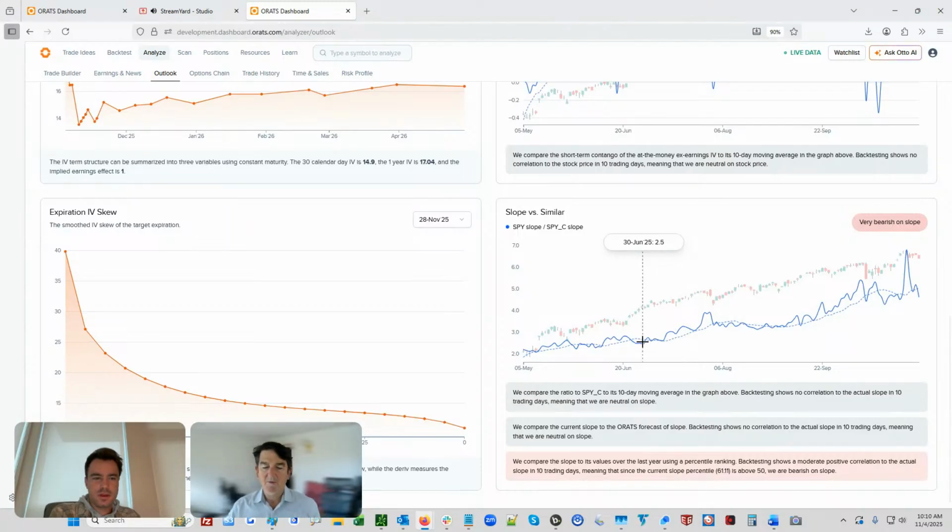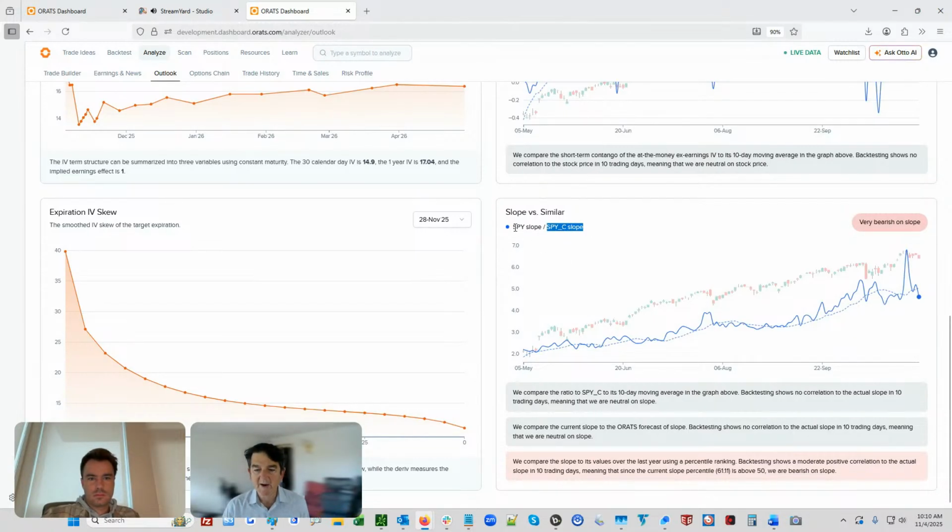We don't want to look at SPY in a vacuum. We want to look at the slope of SPY, meaning how steep that is, versus its components.